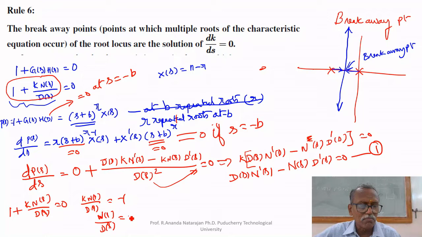Or this implies k equal to minus d of s upon n of s. Am I correct or not?